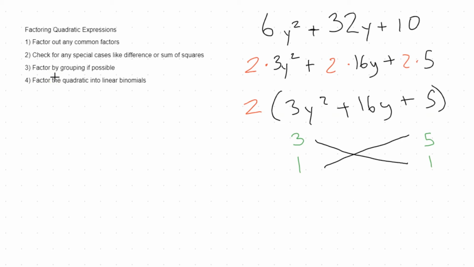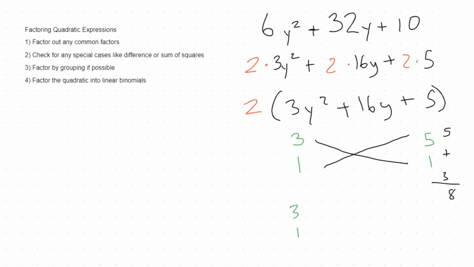So 3 times 1 gives me 3. 1 times 5 gives me 5. Now, in order for this to factor properly, those would have to add up to 16, but they only add up to 8. So that is not the pair that I'm looking for. So I'm going to keep looking.